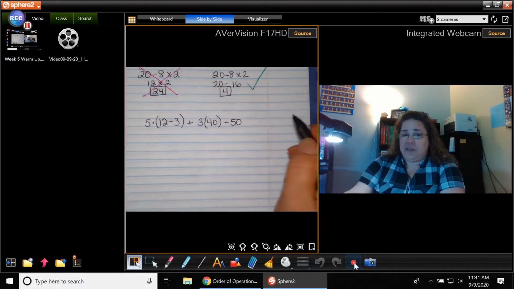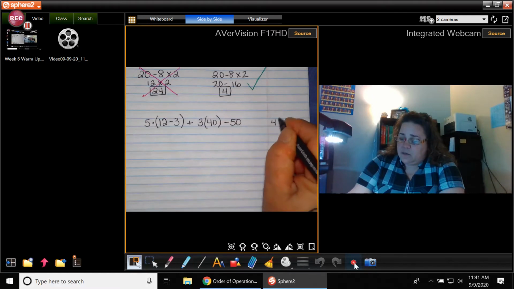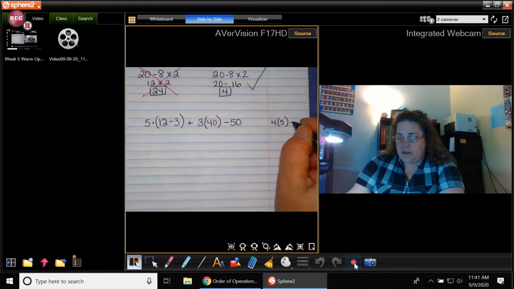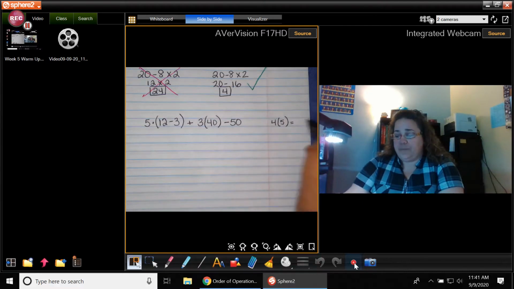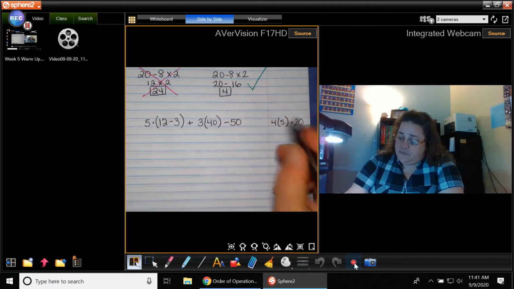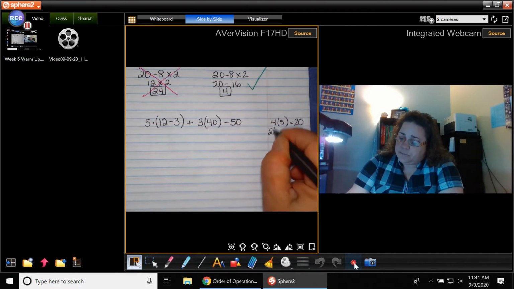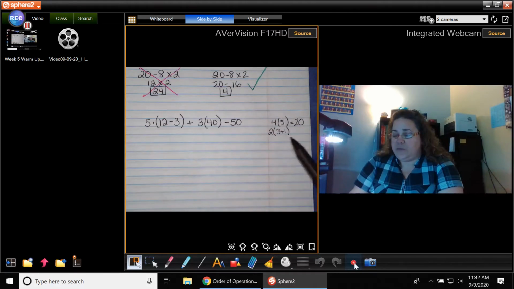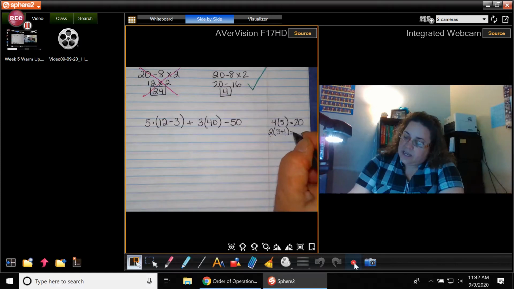So even if you see 4 and 5 in parentheses, what would your answer to this be? It would be 20, okay? If you see 2 parenthesis 3 plus 1, you do the parentheses first. 3 plus 1 is 4, and then 4 times 2. Everything in the parentheses is times 2 equals 8.